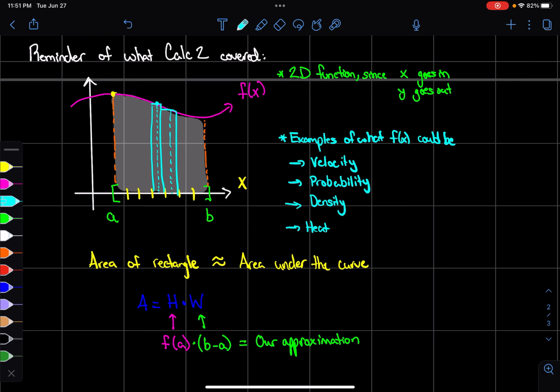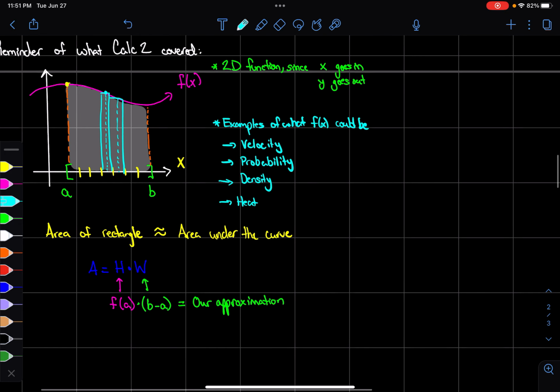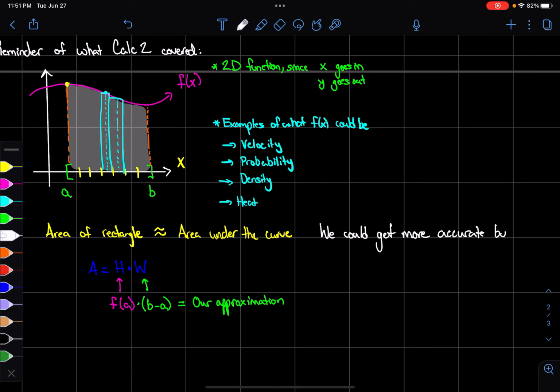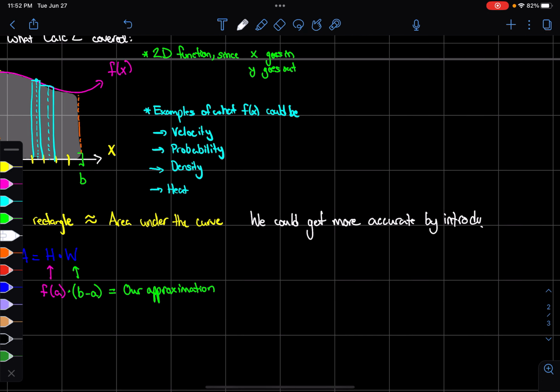There's a trapezoid method and all that good stuff. So we learned a whole bunch of methods. We learned that we could get more accurate if we wanted the area under the curve by introducing more rectangles.